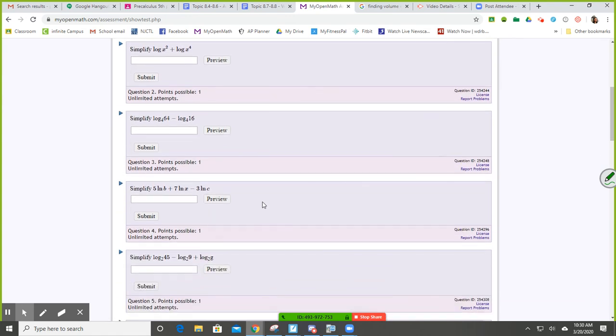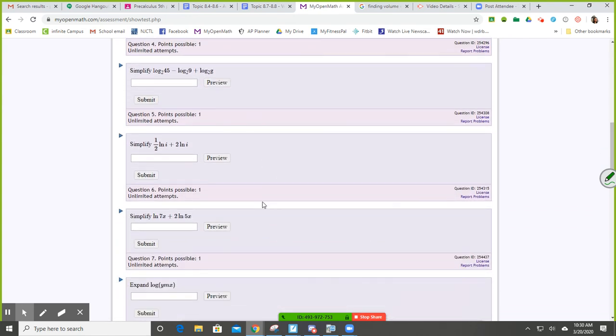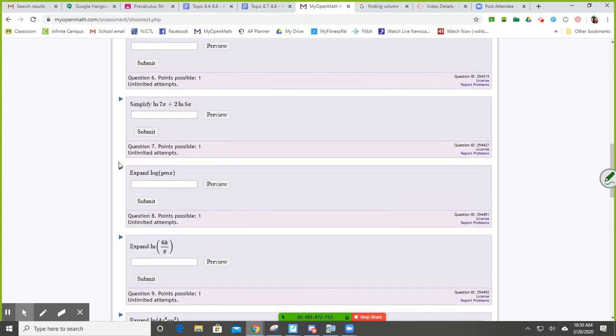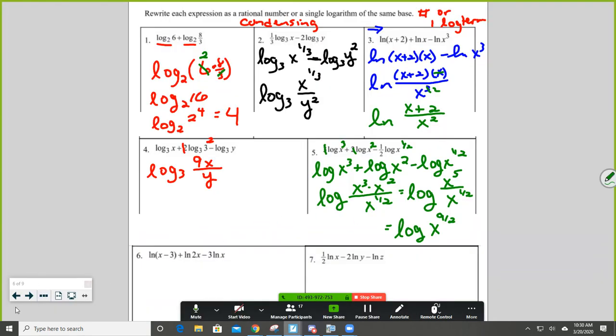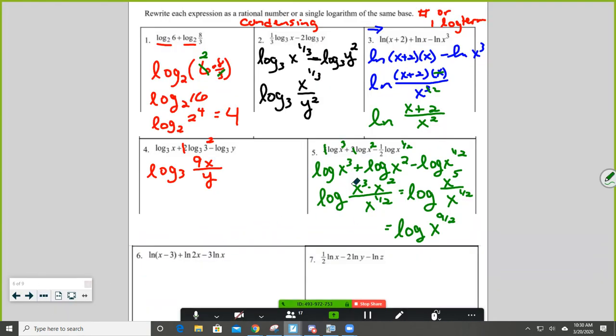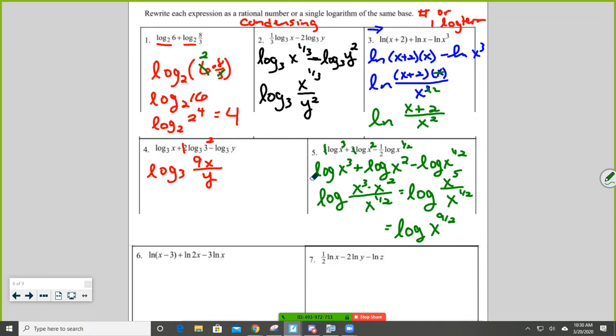Number 2, 3, really, to 7. You should be able to do 1 to 7 on my Open Math right now. So I'm going to come over here and put that on here. And again, this is just your NTI work, okay? So this is 7.2. I want you all to do 1 through 7. I want you all to have those done by Monday. Then the rest of it we'll talk about on Monday and you can finish it out.